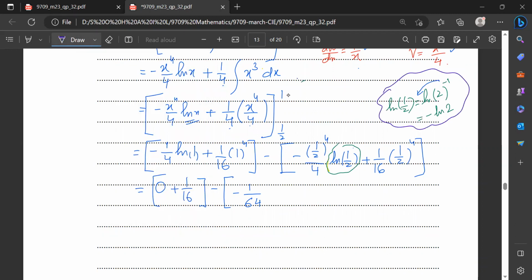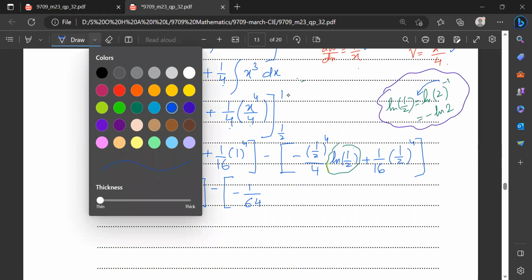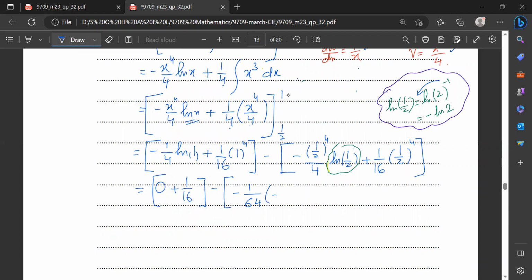So you can keep 1 over 2 as it is there, but if you want to write, this is minus natural log of 2 plus 1 over 2 to the power 4 multiplied by 16, which is 1 over 256.